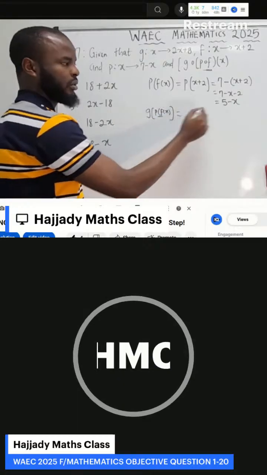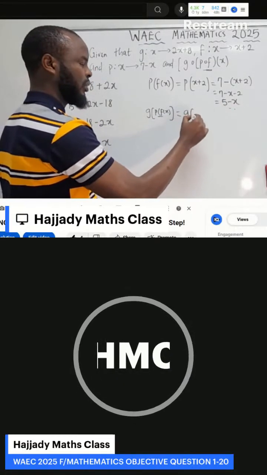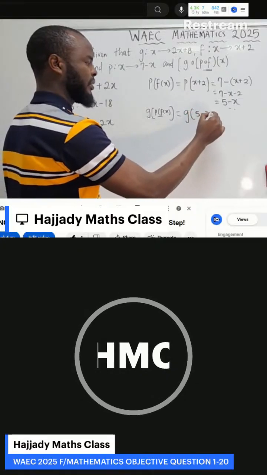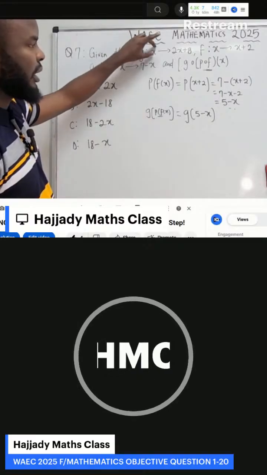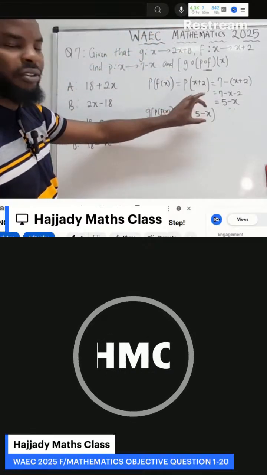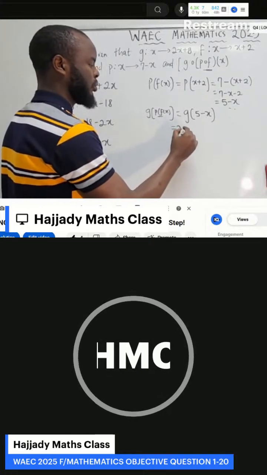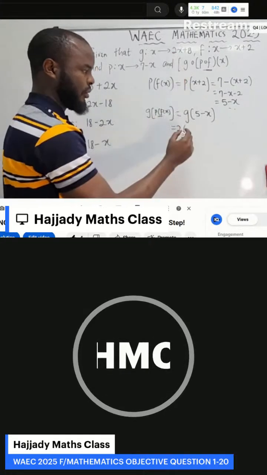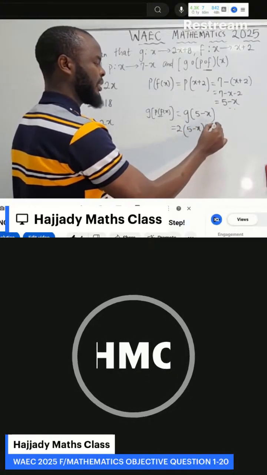So we've gotten this to be 5 minus x. So what we have to do is g of 5 minus x. That is, come back to g of x. Anywhere you see x, you plug in 5 minus x. So here we have 2 times, instead of x, you plug in 5 minus x, plus 8.